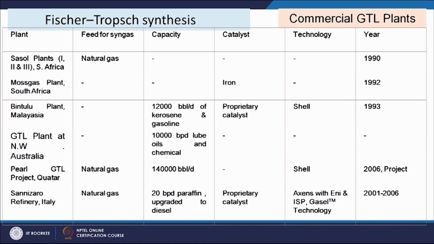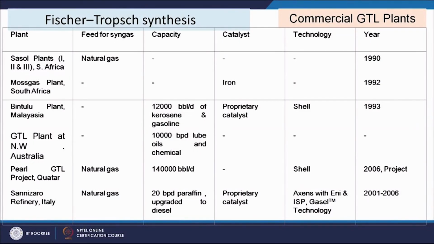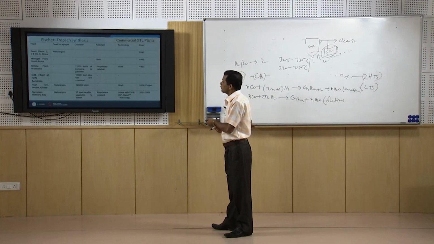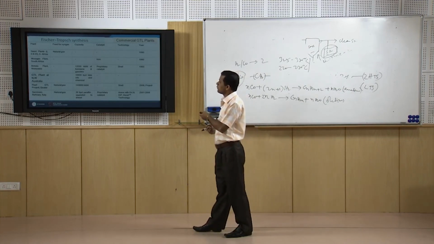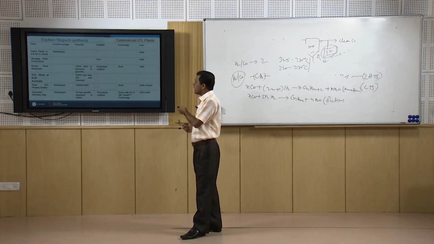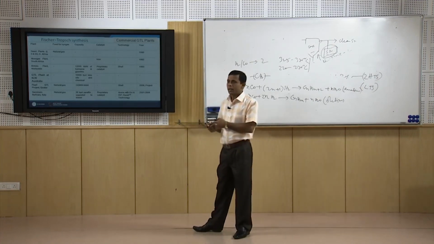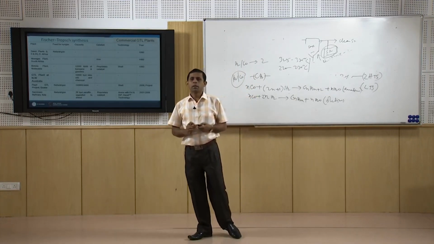Another is the Mossgas plant in South Africa, the Bintulu plant in Malaysia, a GTL plant in Australia, the Pearl GTL project in Qatar, and the Sannazzaro refinery in Italy. Here one interesting piece of information is that all the plants have very large capacity: 12,000 barrels per day, 10,000 barrels per day, 140,000 barrels per day.